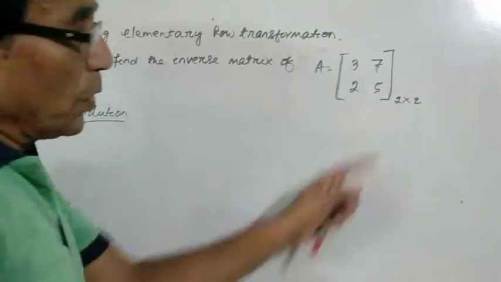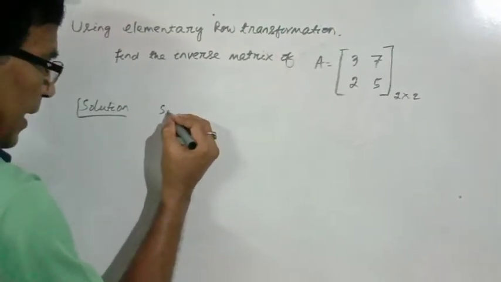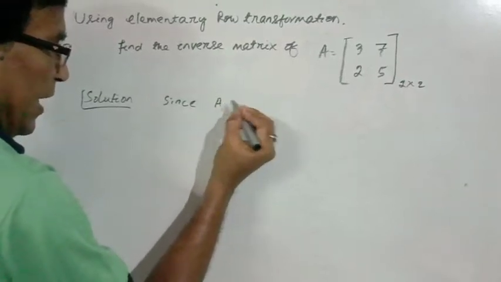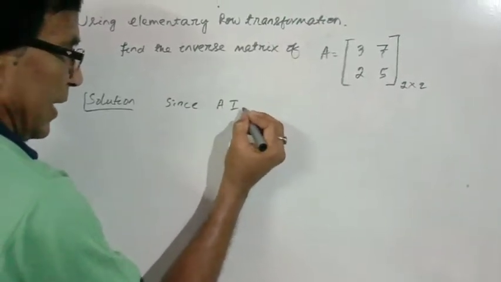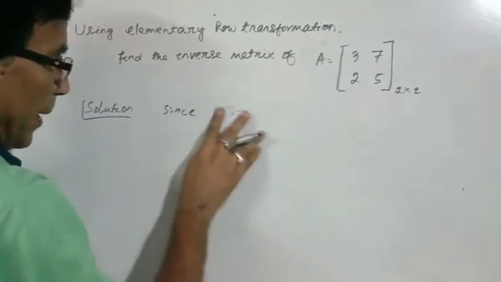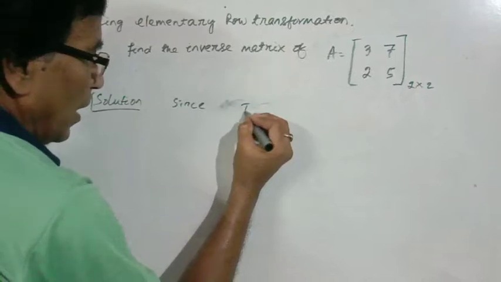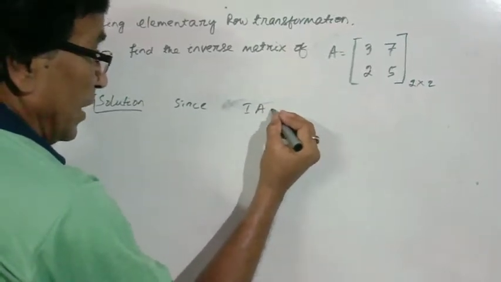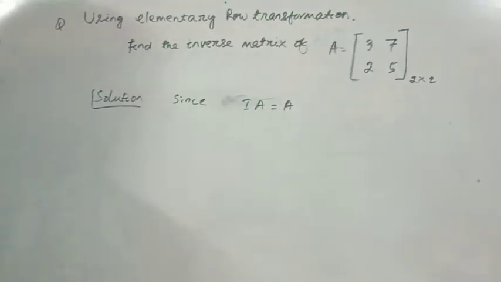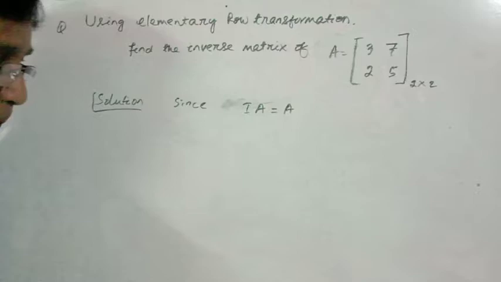First we start, since we know that A into I is always equal to I into A, and I into A is always equal to A. That we know previously. The identity matrix into any matrix A is always equal to A.